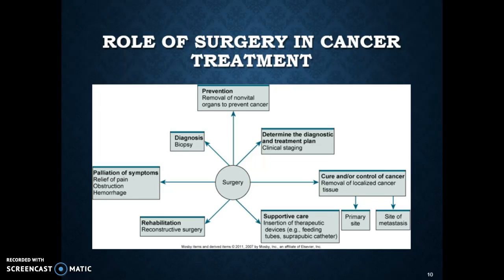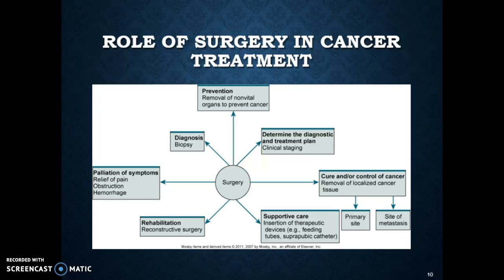Sometimes surgery may be done to decrease the size of a tumor that is causing pain and pressure, or to control some hemorrhaging that's going on. Surgery might also be done to take out the entire cancerous tumor at a primary site or at a site of metastasis.